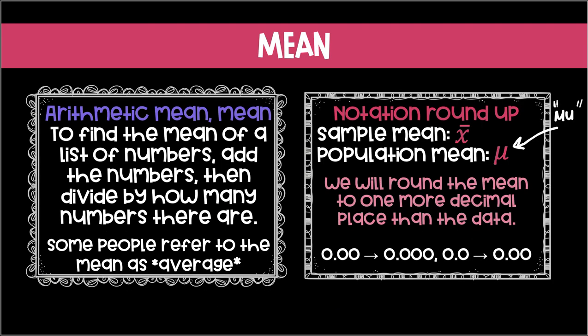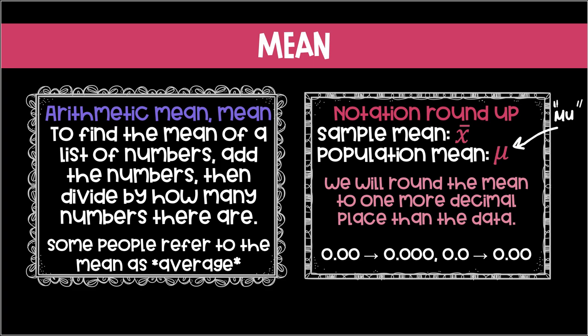I would like to start first with the definition of mean. You already know this as average. It's when you find the sum of all the numbers in your sample or in your data set and then divide by the total count of them. We're going to be using this symbol, the X with a bar on top, to denote the sample mean, and the mu Greek letter to represent the population mean.